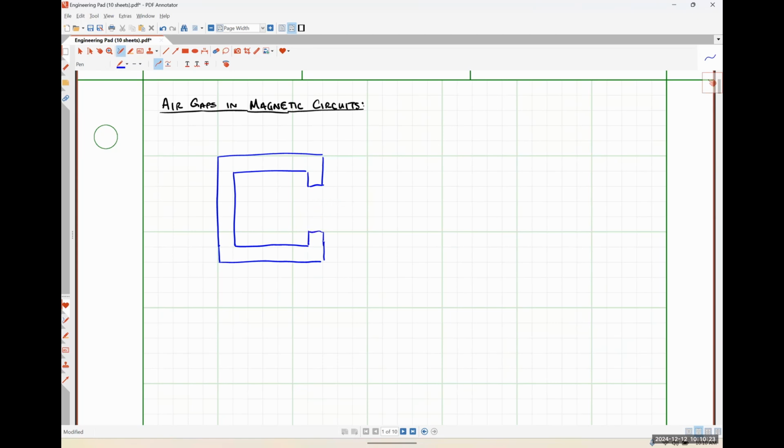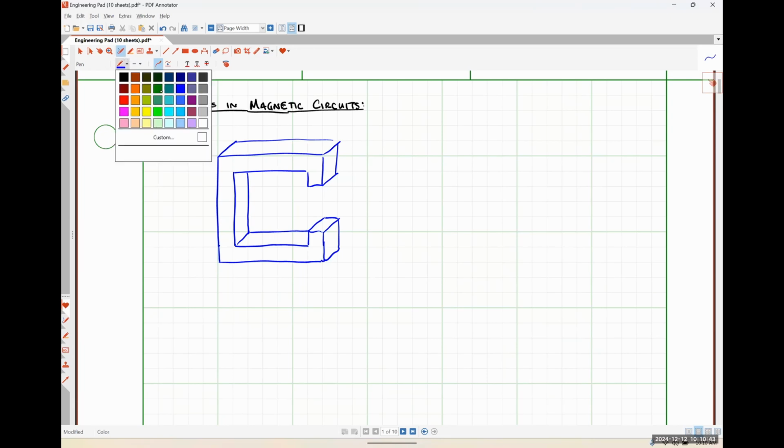Sorry about that. So here's our C-shaped core. This region of space here in the middle is our air gap. And because it is not our magnetic core material, it is going to have a different permeability.